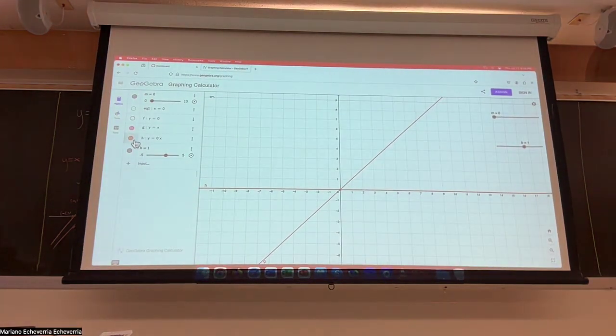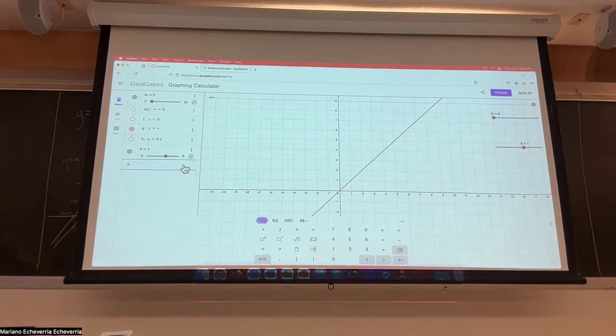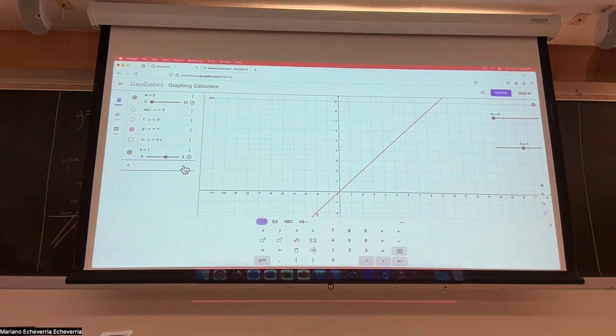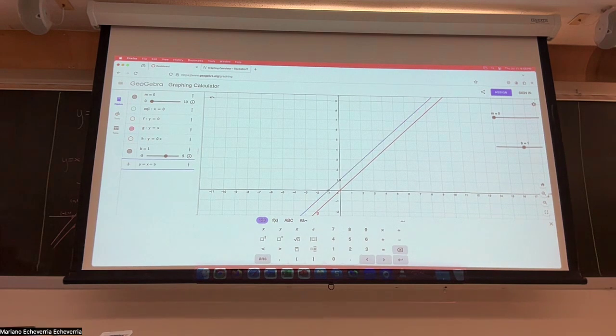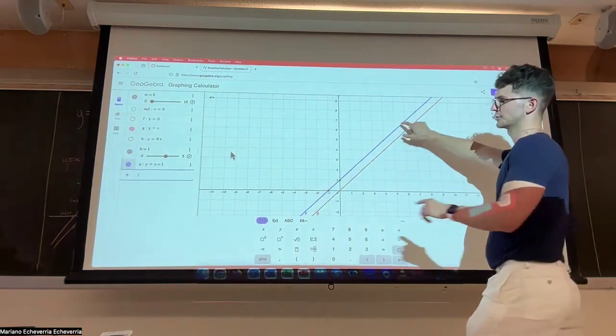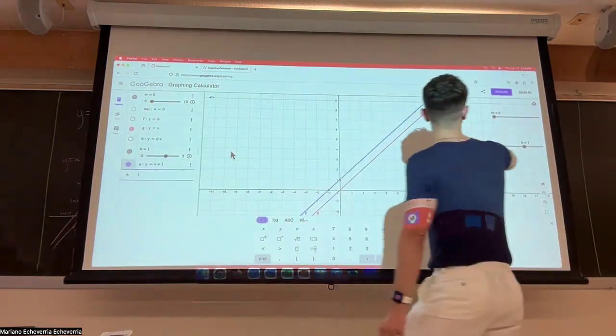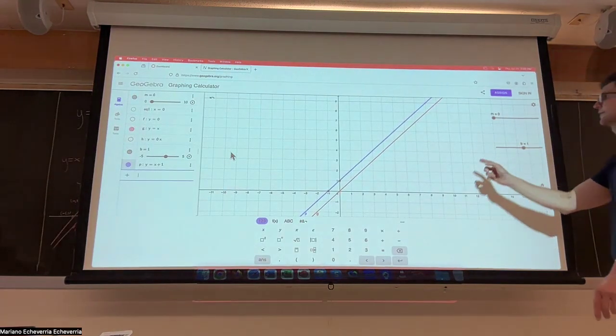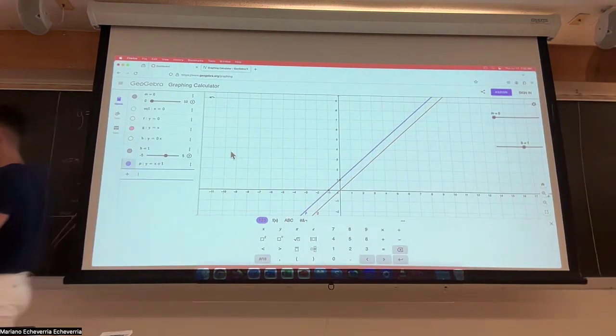For example, if this was y equals x, then you can do y equals x plus b. So now b just refers to how much I shifted this. So this is y equals x plus 1. See here, and then I can control the shift by varying the b.